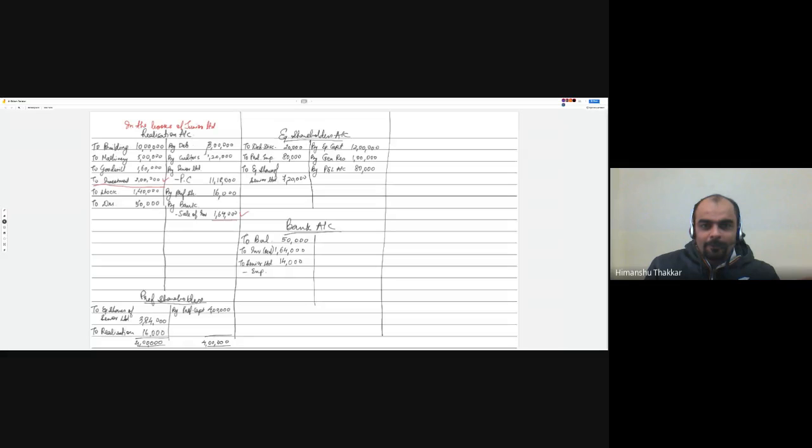That is one way of doing it. The second way is, first transfer the full investment on the realization debit and write by bank for whatever price you are selling. So automatically the difference of 36,000 will be recorded on the debit side of the realization account. This is also correct. Our objective is to get 36,000 as a loss on the debit of realization. So that way you can get your answer. Is it clear? Okay.